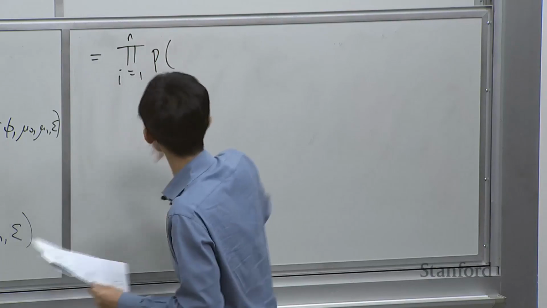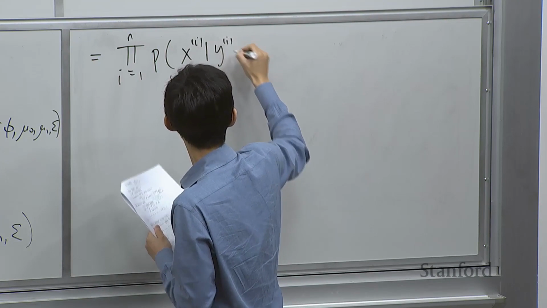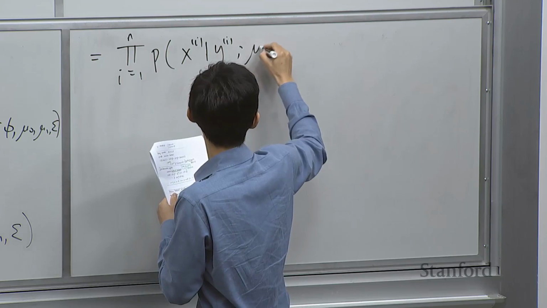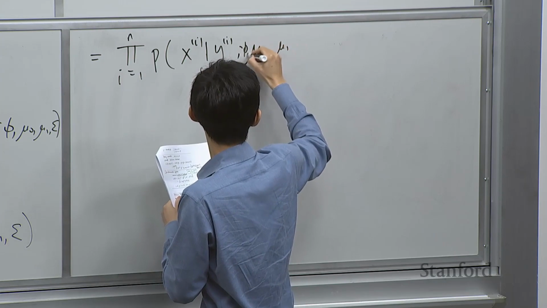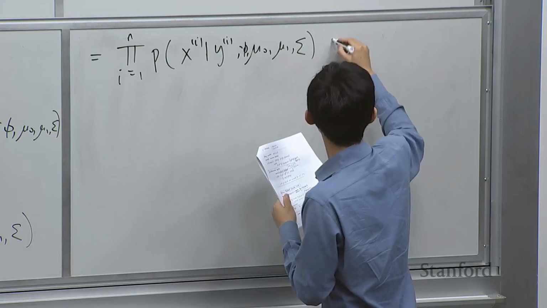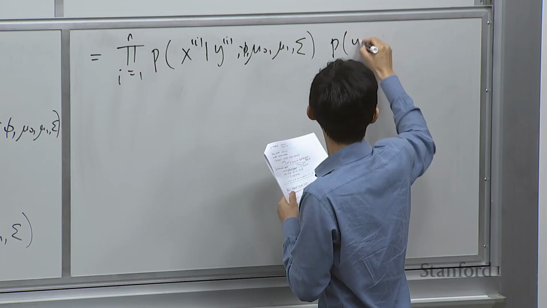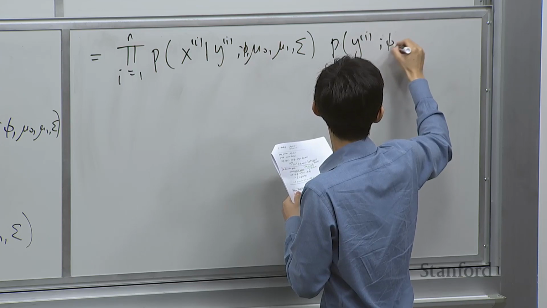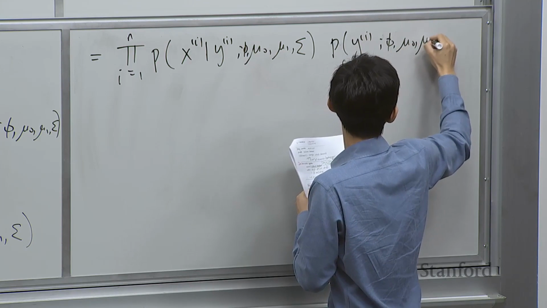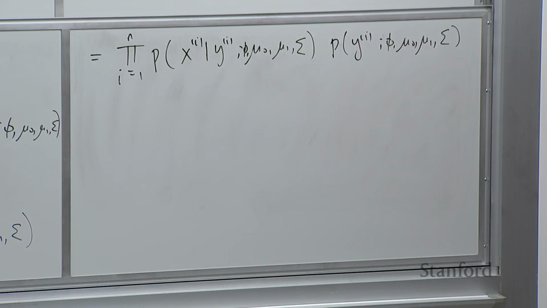You can use the chain rule to get P of xi given yi and the parameters, times P of yi given the parameters. Note that not everything depends on everything else.